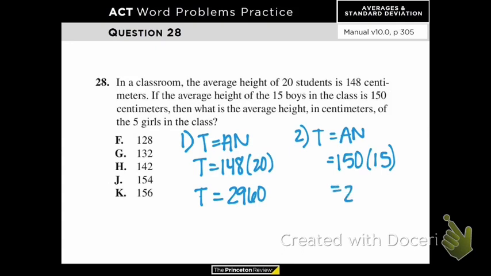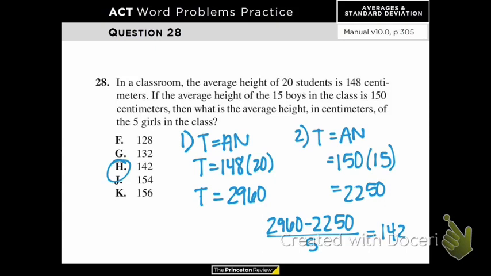So that gives us 2,250. So then to find the girls, I need to go ahead and subtract. And also I need to then divide by the number of girls that there are. Again, this is to find the average. Okay, so when I do that, I get 142. So H.